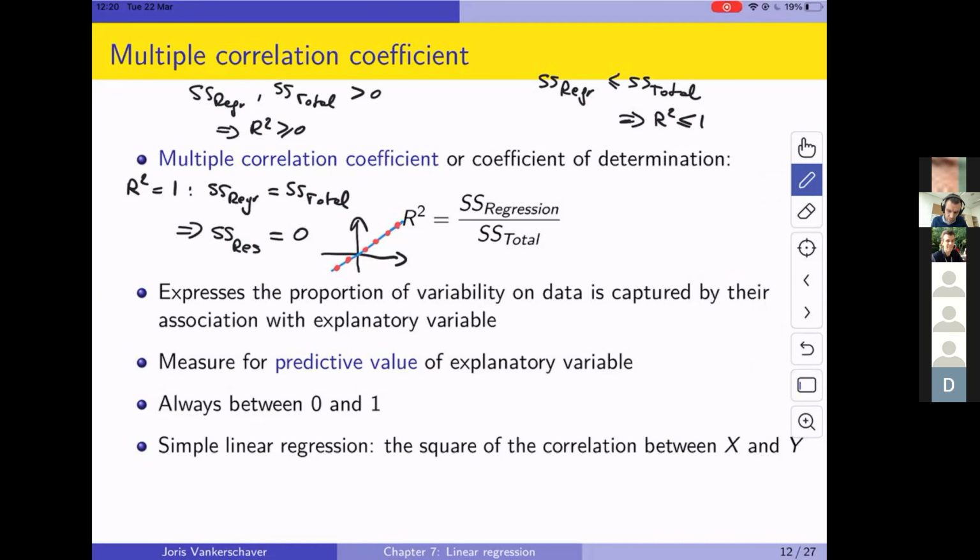By contrast, what happens if R squared is equal to 0? Then that must mean that the sum of squares of the regression is equal to 0, or equivalently, the sum of squares of the residuals is the sum of squares total. And what does that mean by contrast?